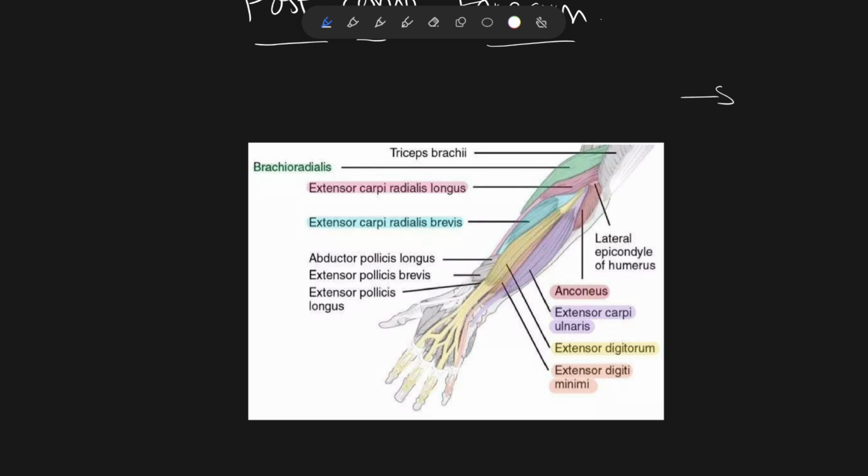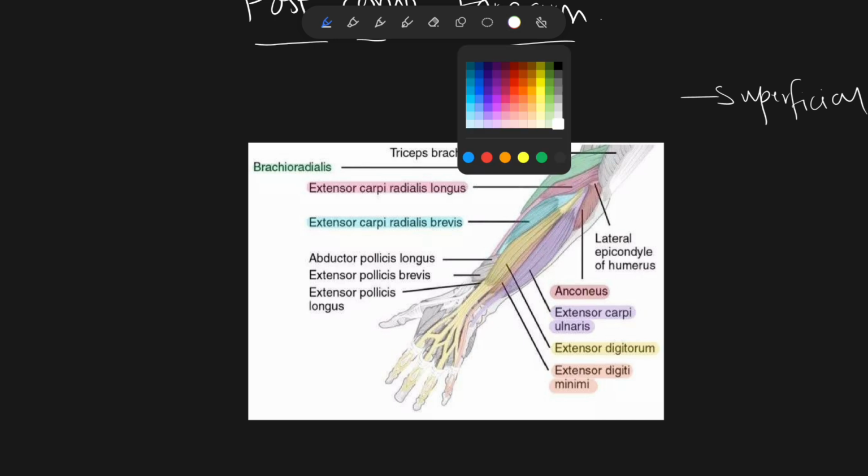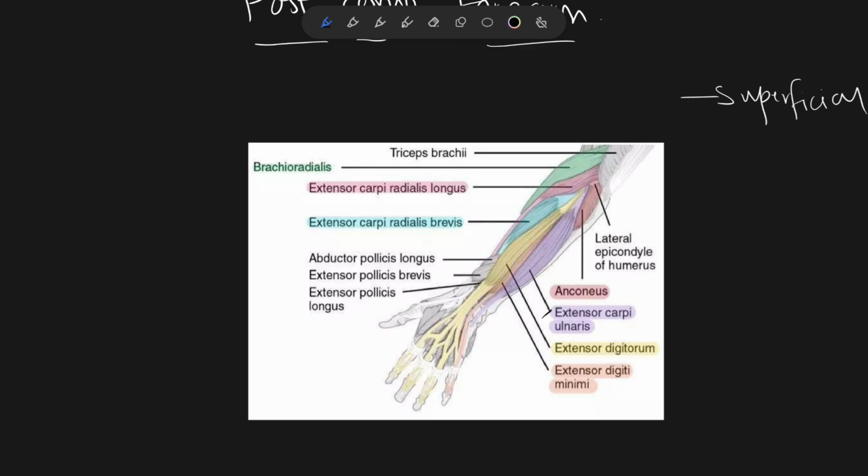In the superficial muscles, we will see these muscles. We have the extensor carpi ulnaris. All extensors will be here: extensor carpi ulnaris, extensor carpi radialis longus, extensor carpi radialis brevis.